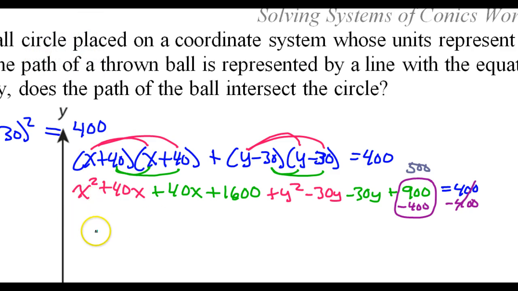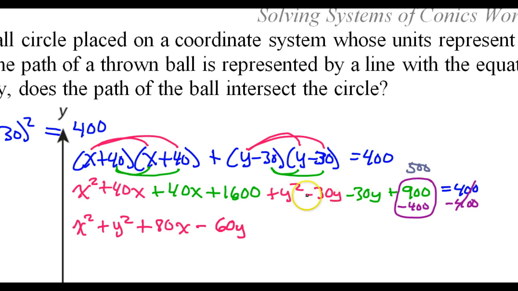So I'm just going to reorganize this a little bit. So I've got x squared plus y squared. 40x plus 40x is 80x. And then negative 30y and negative 30y, that's negative 60y.